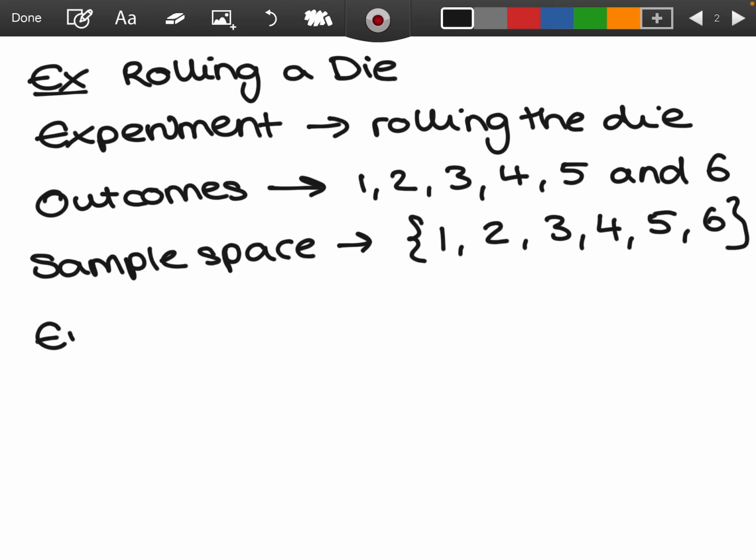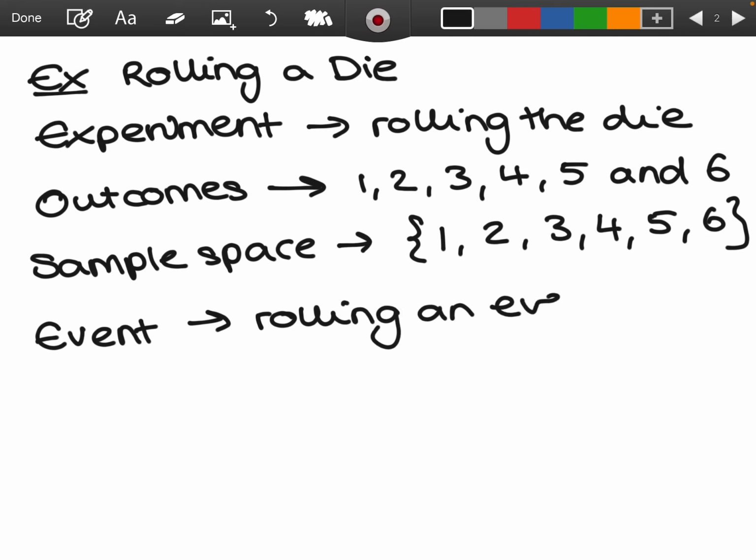And then an event, okay? An event here, there are many that you can have, but I'm going to pick the event of rolling an even number. That is the set of outcomes 2, 4, and 6, and it is a subset of that sample space.